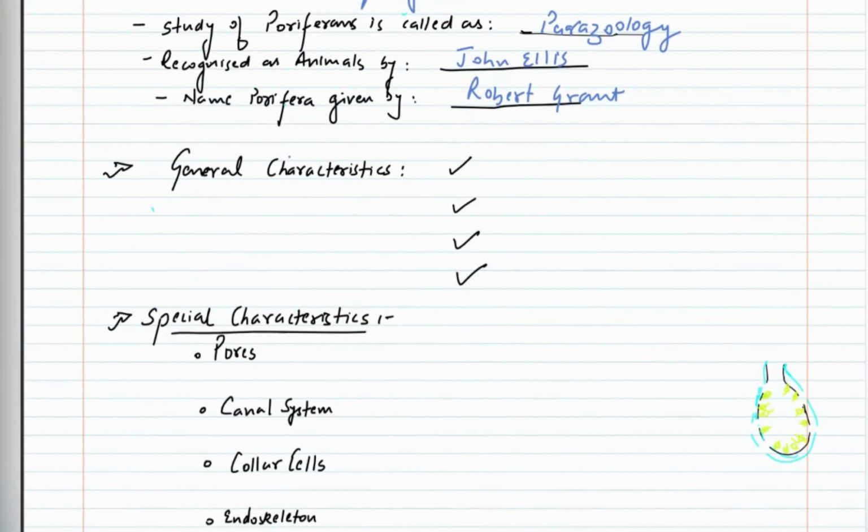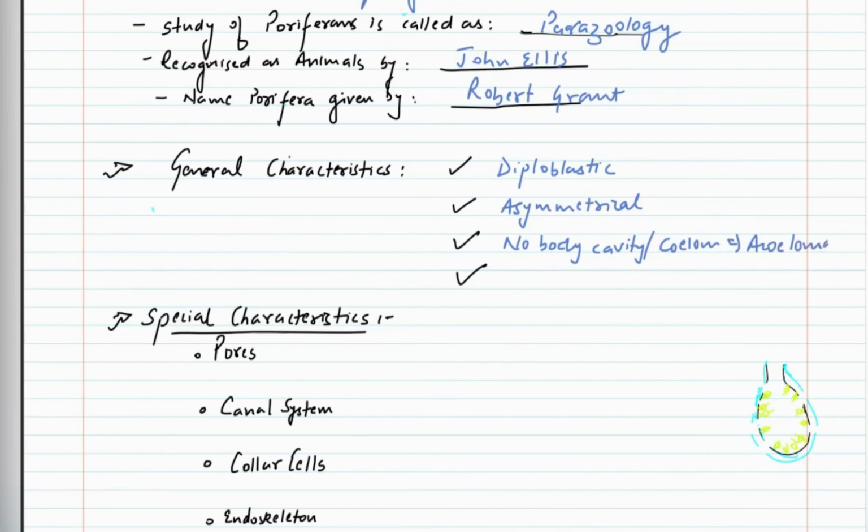So for the general characteristics, we will first talk about the number of body layers. Sponges are diploblastic, they are asymmetrical, there is no body cavity, or rather coelom, that is, they are acoelomate, and they exhibit a cellular level of body organization.